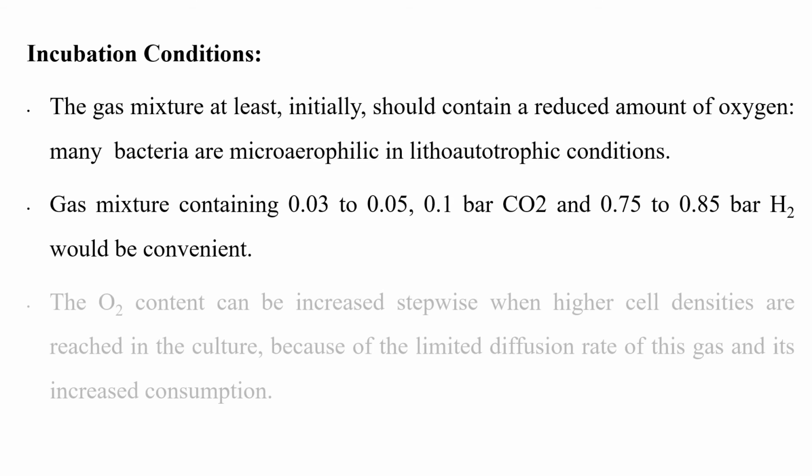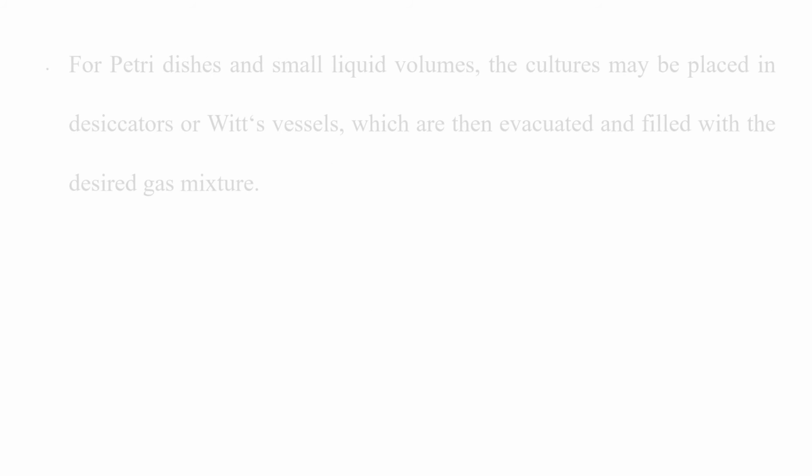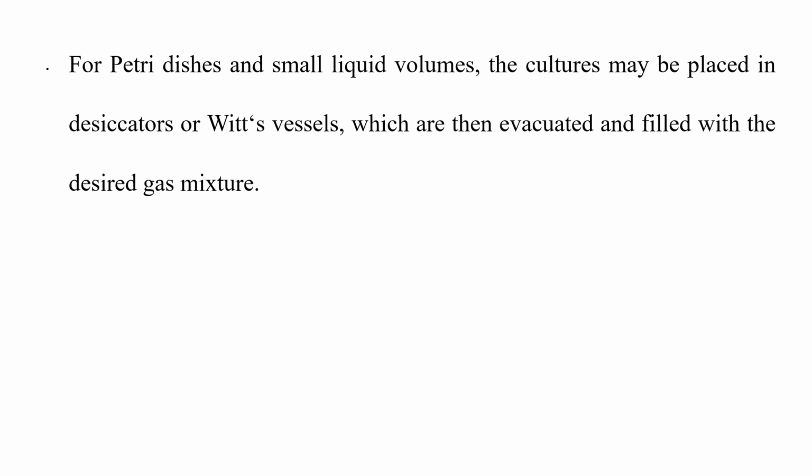Now, the oxygen content within a particular medium can be increased stepwise to obtain a higher cell number or cell density. For the cultivation of these bacteria in petri dishes or small liquid volumes, we can also place our culture in the desiccator.